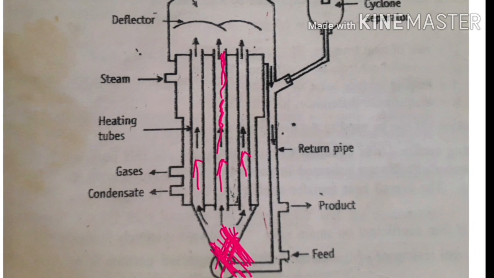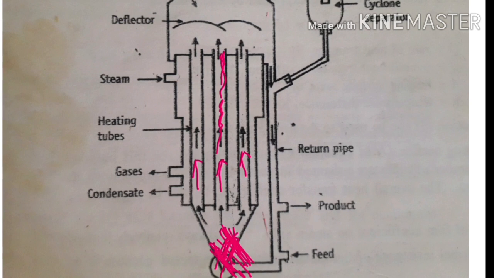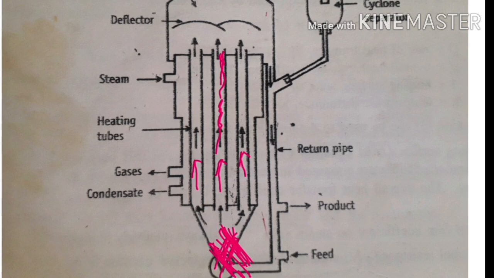Because of this pressure, the liquid rushes out of the tube and enters into the vapor head. At that time, sudden flashing occurs because the pressure inside the vapor head is very low. Due to the pressure drop, sudden flashing or sudden vaporization occurs.